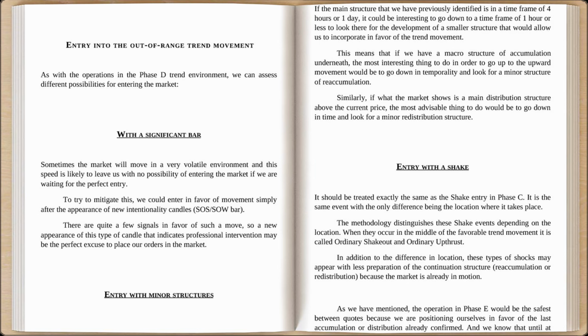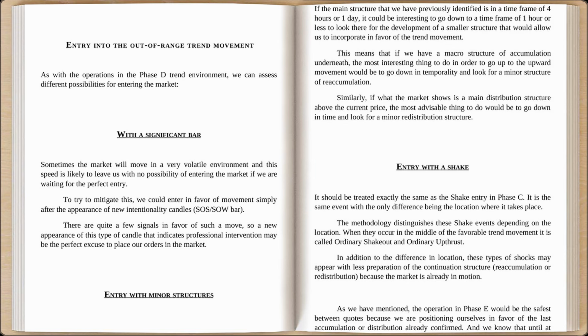This means that if we have a macro structure of accumulation underneath, the most interesting thing to do in order to go up with the upward movement would be to go down in temporality and look for a minor structure of reaccumulation. Similarly, if what the market shows is a main distribution structure above the current price, the most advisable thing to do would be to go down in time and look for a minor redistribution structure.